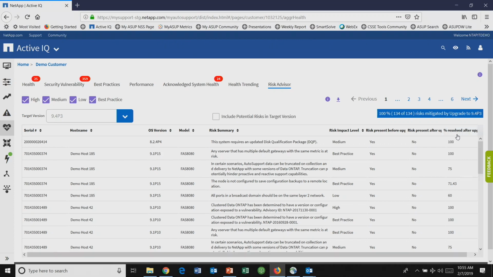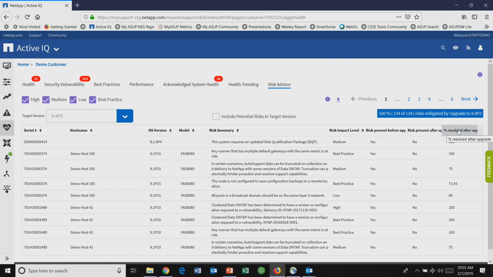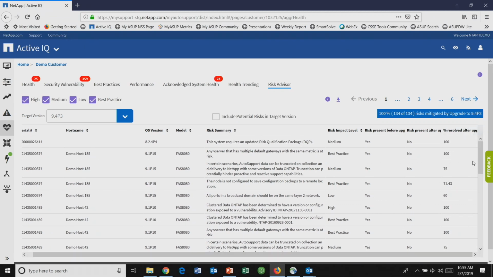So this last column here really indicates the percentage of risks that are resolved after upgrade, and it shows a confidence factor. And this 100% confidence may not apply, but 100% means that all the customers who really upgraded to this particular version of ONTAP have seen this risk being mitigated after they did the upgrade.